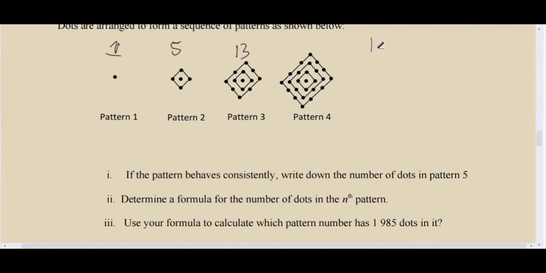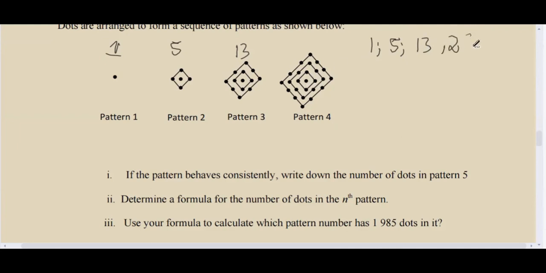So all we have to do here is find the relationship between these. We have 1, 5, 13, and then how many dots are here? Let's calculate: 1, 2, 3, up to 25, right?